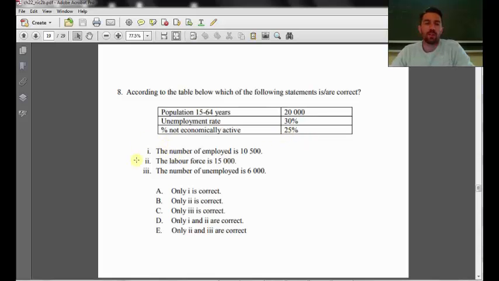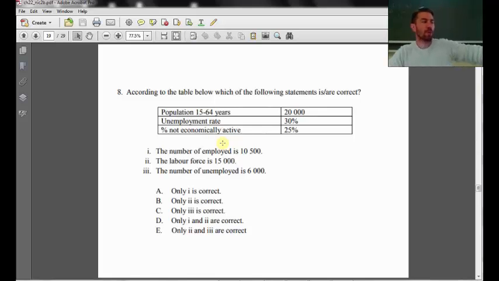You're then asked which of these three statements is correct. Is the number of employed people 10,500? Is the labor force 15,000? And is the number of unemployed people 6,000? Which of those is or are correct?